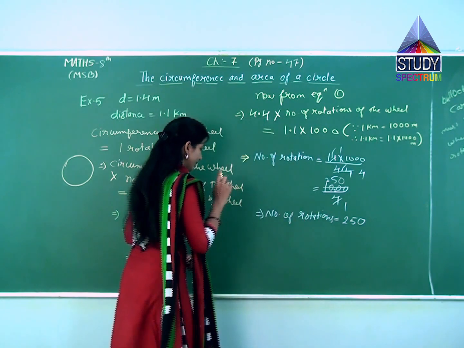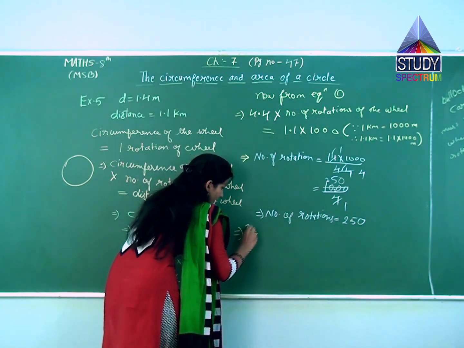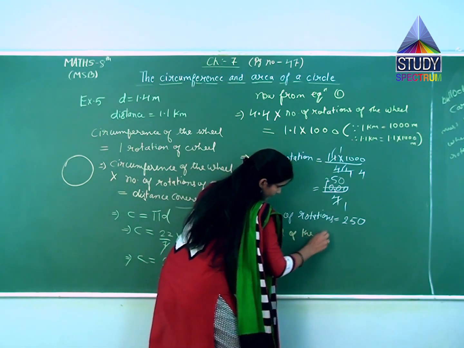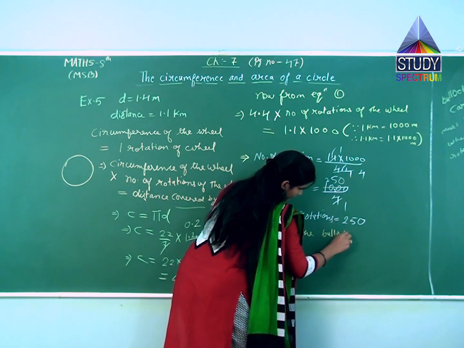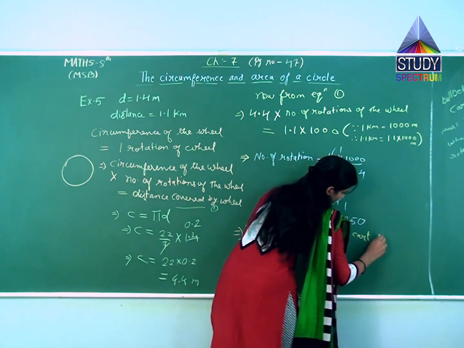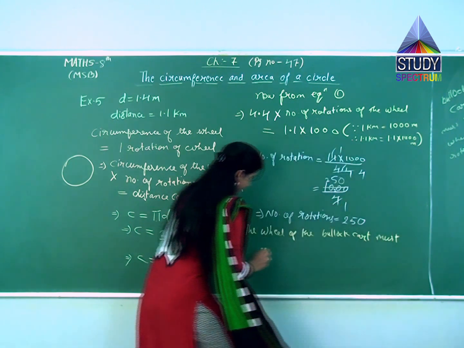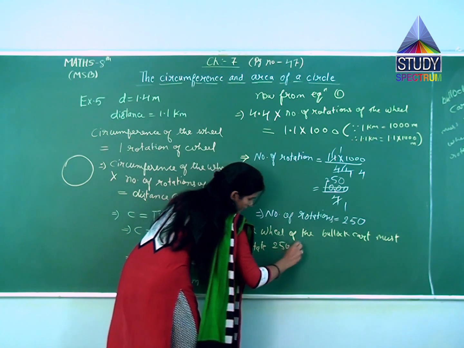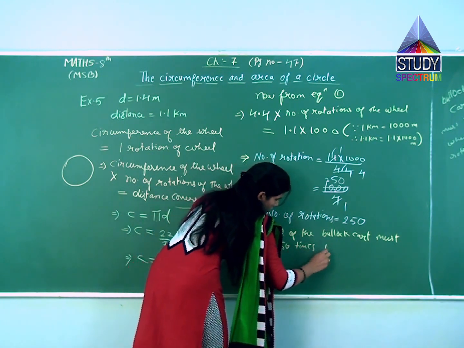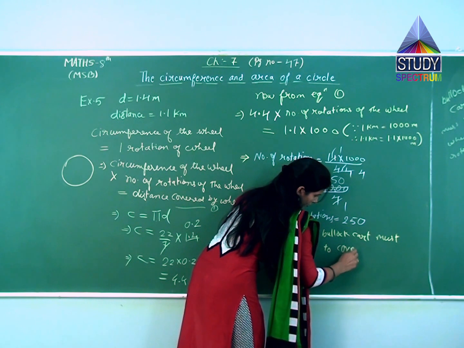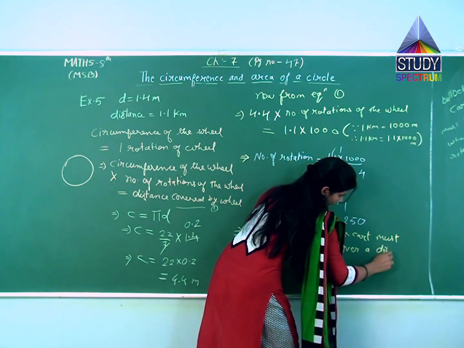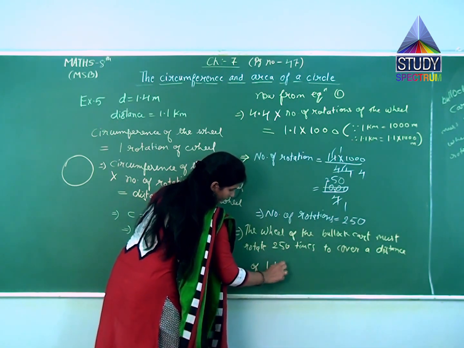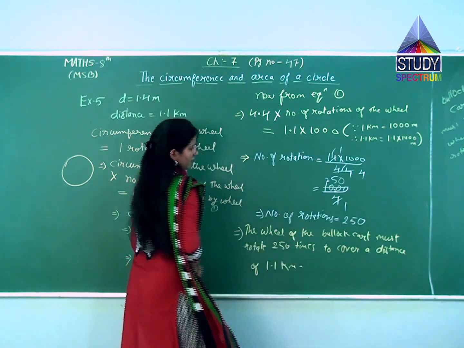What does it mean? It means the wheel of the bullock cart must rotate a distance of 1.1 kilometer.